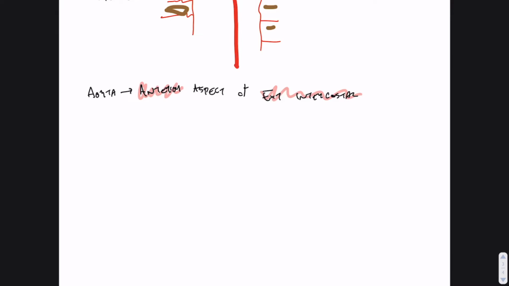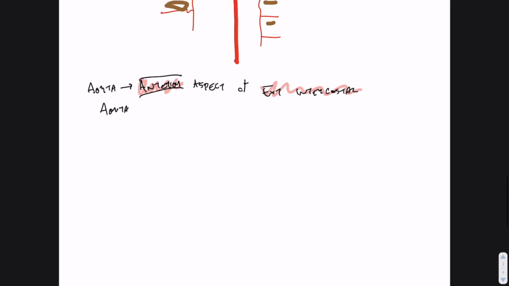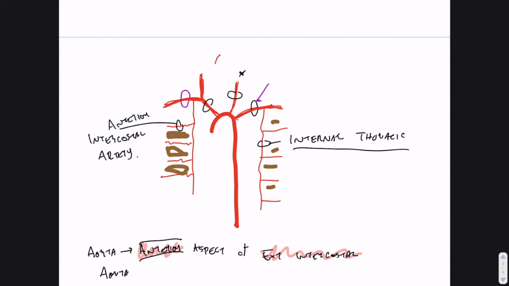So the keyword there, anterior, and what the muscle is we're going to. So I'm going to say aorta. Now I know if I stay on the aorta, that's my posterior pathway, and that does supply the external intercostal, but it does not supply the anterior part of it, and that's where we're going. So I need to use this pathway we just talked about up here.